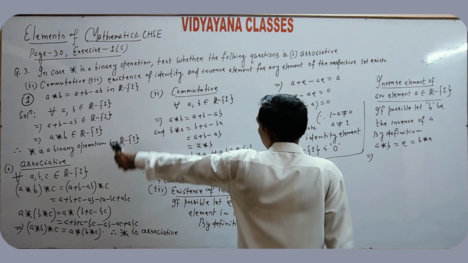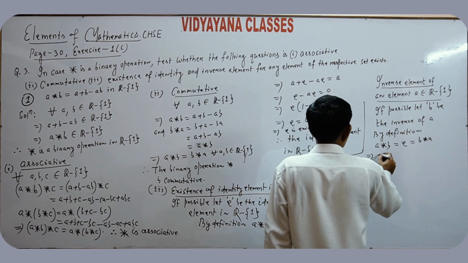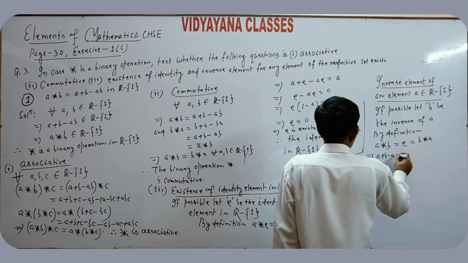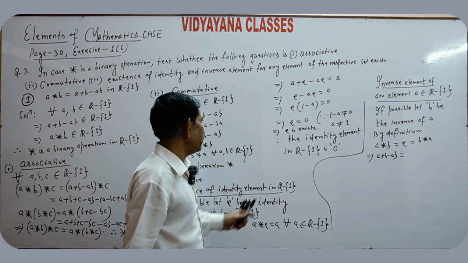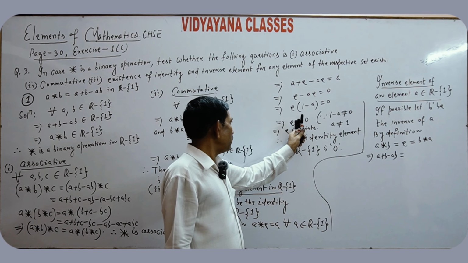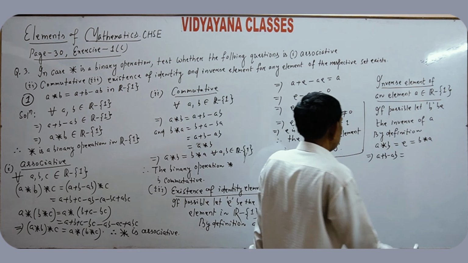What is A star B? A plus B minus AB. What is E? E is the identity element, which is found to be E equal to 0.